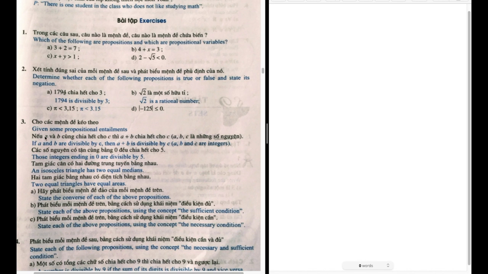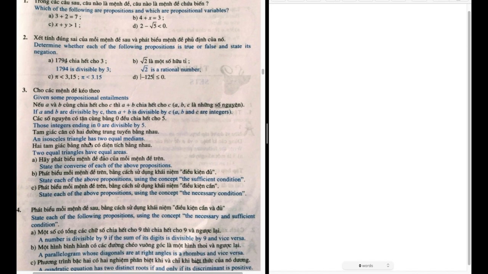Exercise 3 seems to be quite long and complicated, so I'll help you handle some requests of them. Okay. Exercise 3, given some propositions. A. State the converse of each of the above propositions.